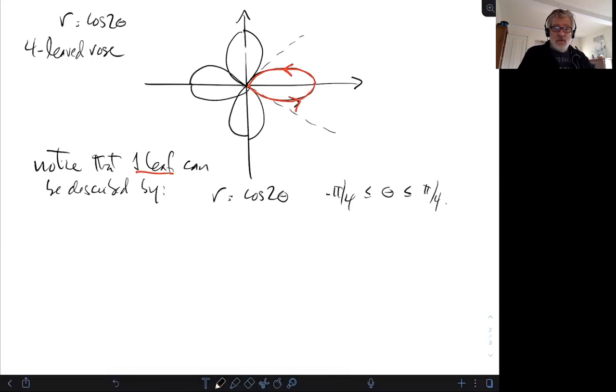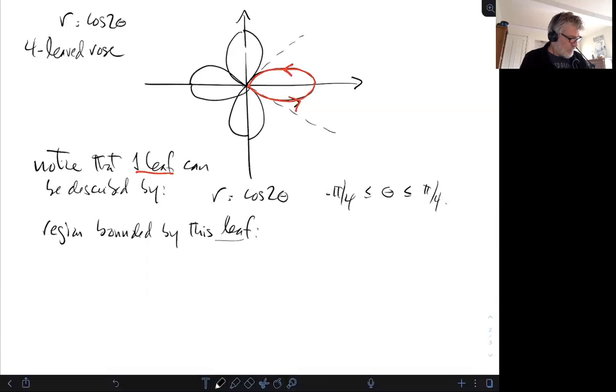So in fact, you can describe the region inside, the region bounded by this leaf. It's one of the exercises, I think, so that's why I'm talking about it. Okay, so I want to describe the inside part here. So the angle varies from minus pi over 4 to pi over 4. r starts at 0, goes to 1, comes back down to 0.